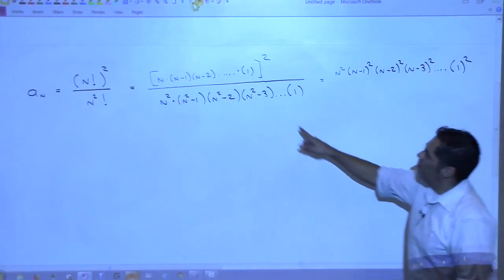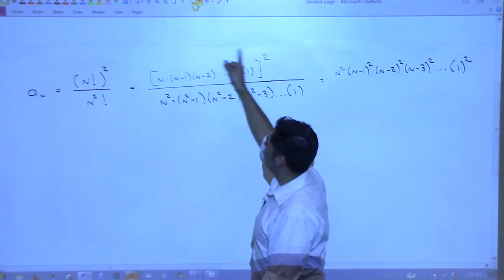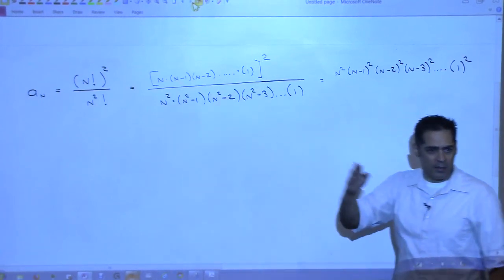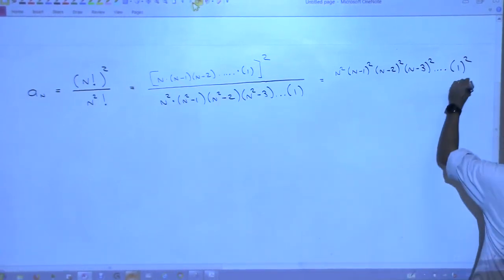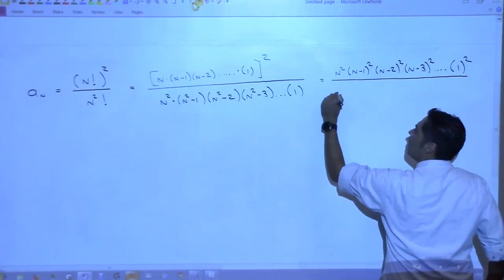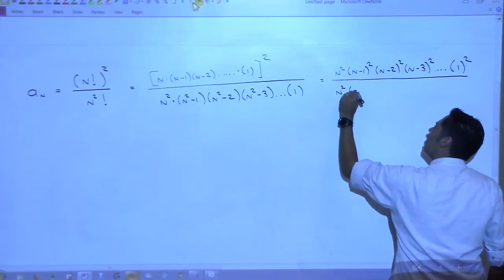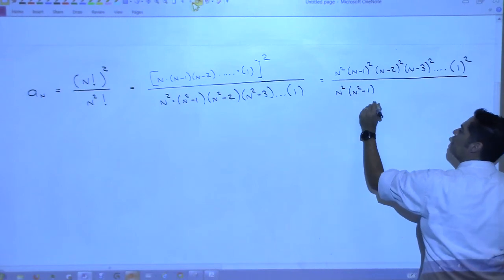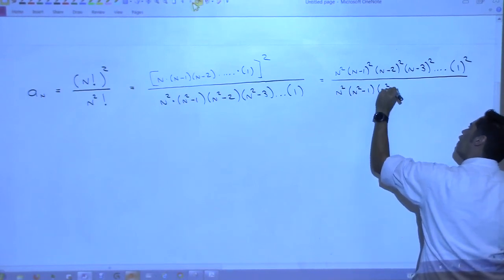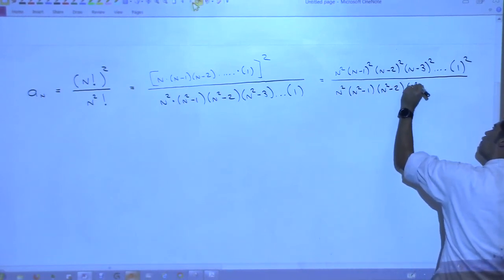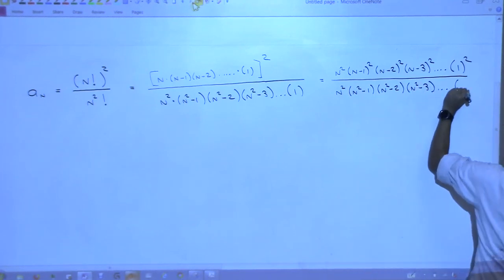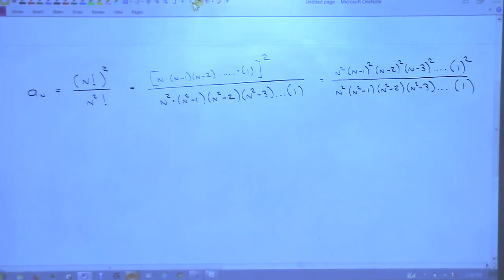Yeah, because multiplication between each of the factors means you can pass the power through to each factor. So that's legitimate. But then the bottom, n squared minus 1, n squared minus 2, n squared minus 3, and that's going to go all the way down until I get to 1. Yeah, I didn't think we'd be able to do this.